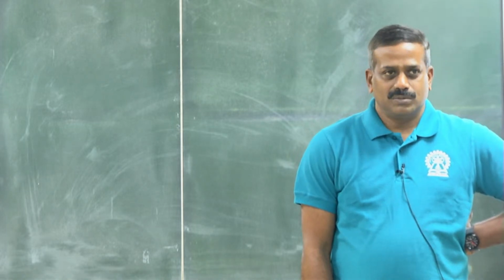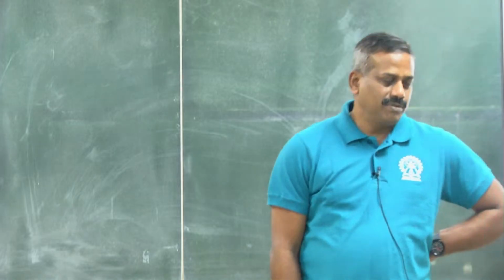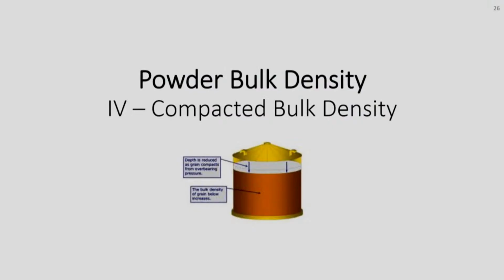So the most important property is bulk density, right? How much you can fill in a container. So it's the same thing for large storage structures too. Based on the density, you are changing the amount of material, right? I'll give one example.